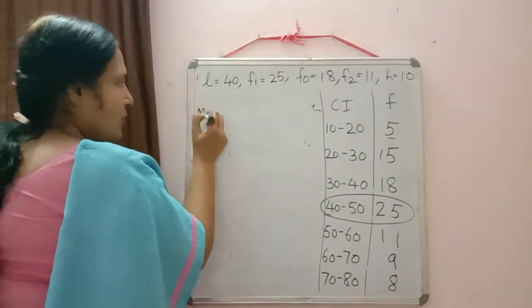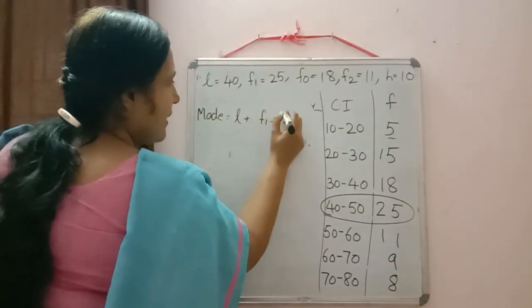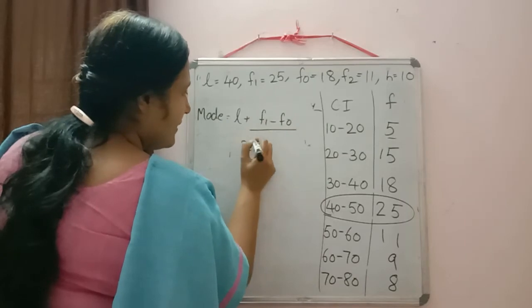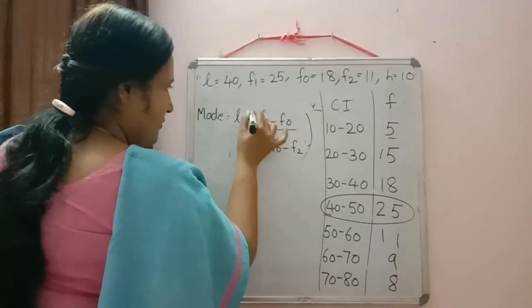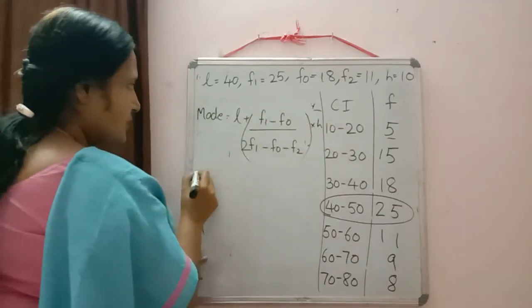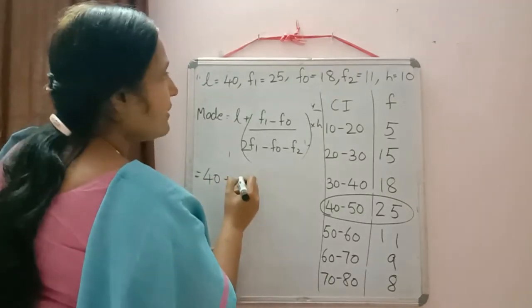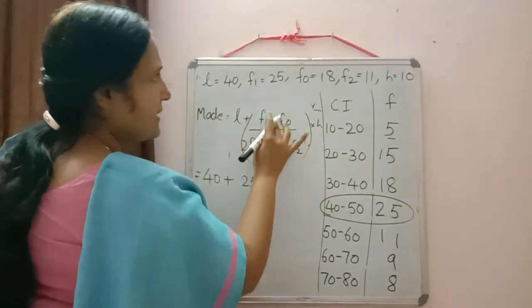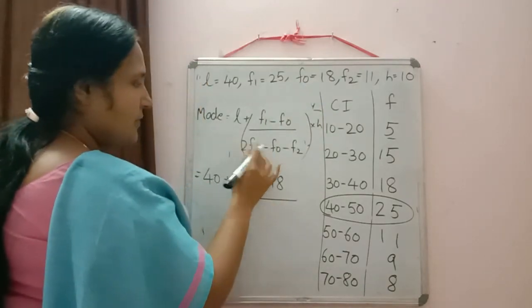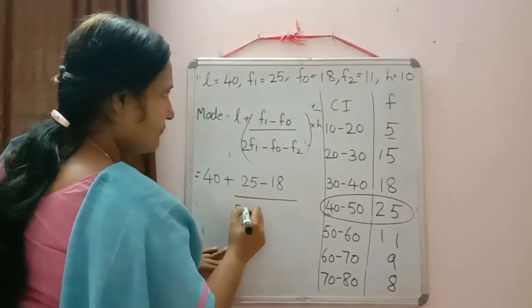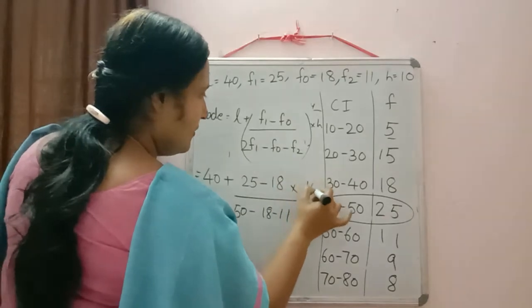Now write down mode is equal to L plus (F1 minus F0) by (2F1 minus F0 minus F2) into h. Substituting the values, we have 40 plus (25 minus 18) by (2 into 25, that is 50, minus 18 minus 11) into 10.